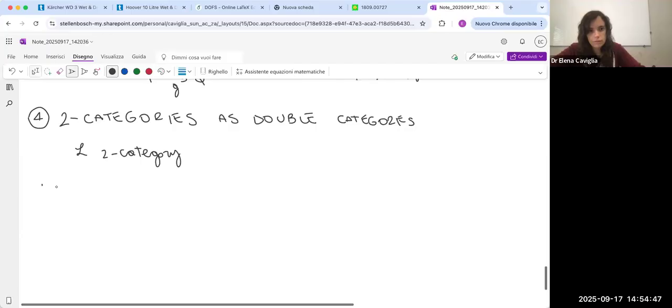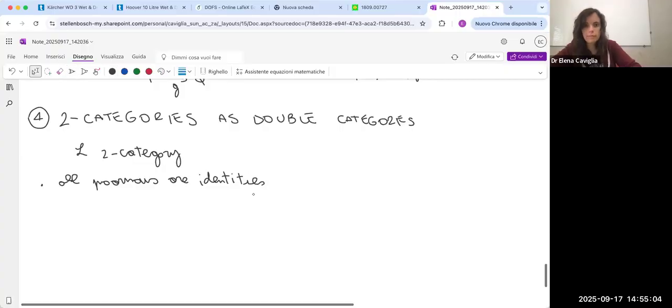So the first way is all pro-arrows are identities. We will have some objects, we will have arrows, but as pro-arrows, we only have identities.